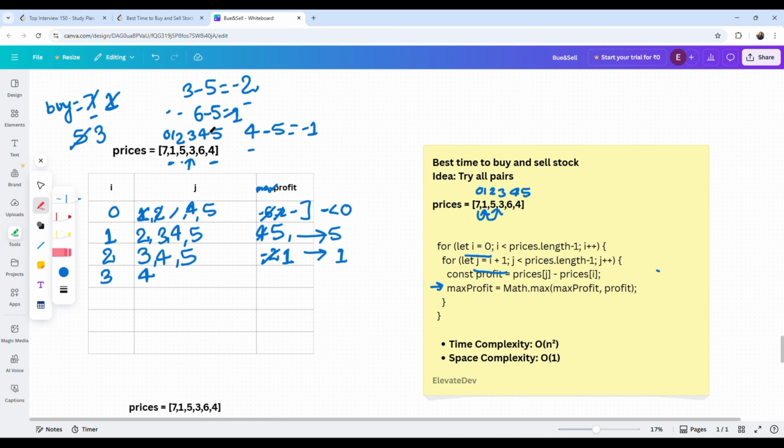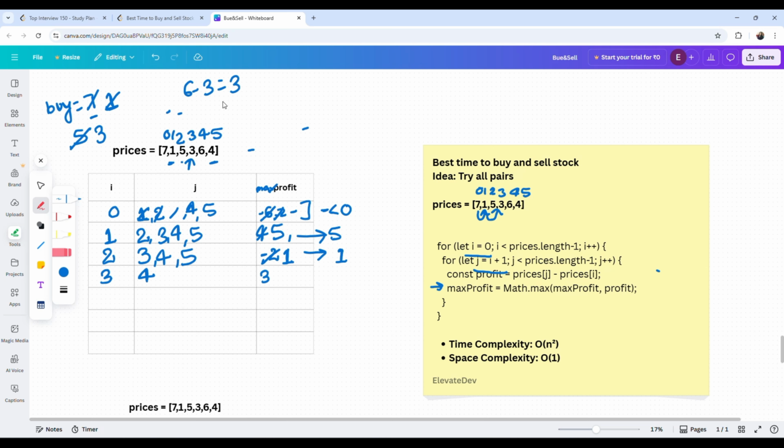So we have buying price as 3, and we are going to try with all the selling prices that are ahead of the third index. At the fourth position we have 6. 6 is the selling price, 3 is the buying price, and we have 3. So we can update the maximum profit as 3.